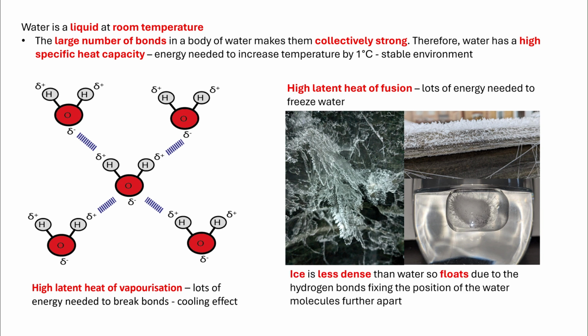Ice, that solid state of water, is therefore less dense than the liquid water, and so will float. That's because those hydrogen bonds have been fixed into position, so the water molecules are actually further apart. You can see that when you look at the formation of ice on a really cold day.